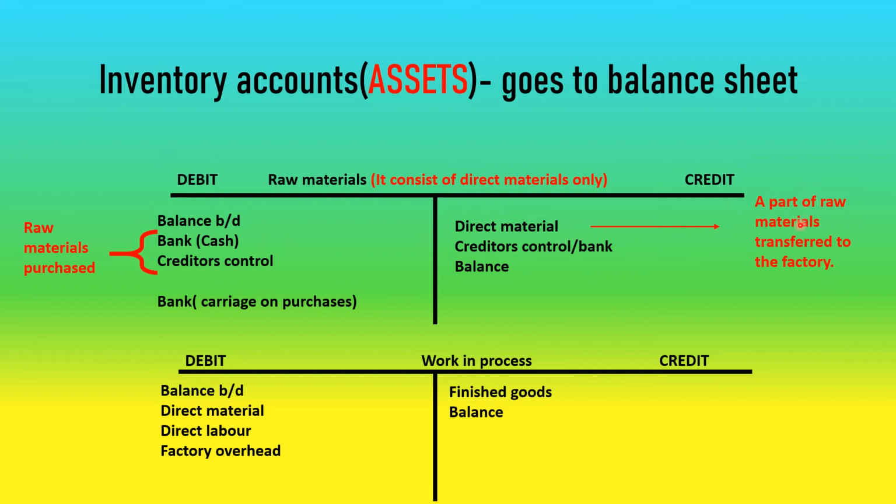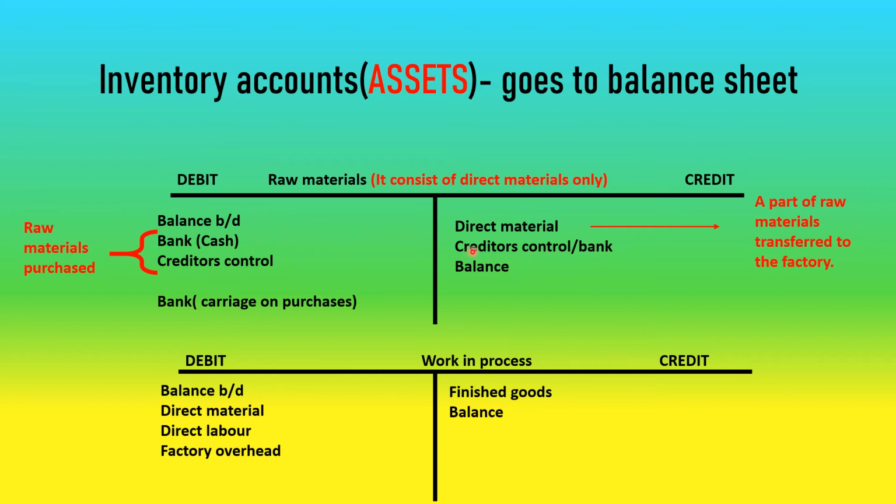Then when we come to our credit side, we have our direct material. This is the part of raw material that is transferred to the factory from the warehouse. Then here when we have our creditors control and bank, this is when we find that the raw materials that were supplied to us are inferior or of bad quality or damaged, and now we have to return them back to the supplier.